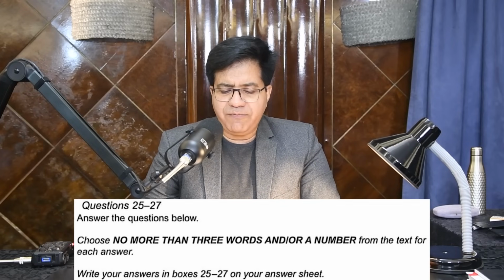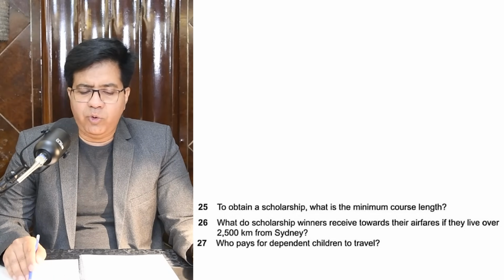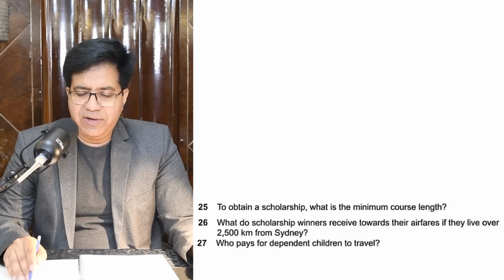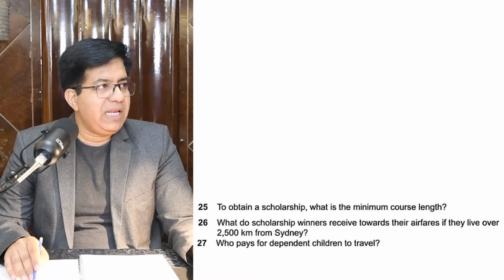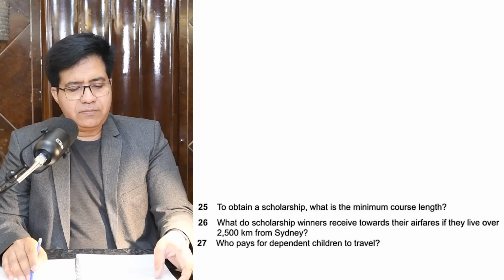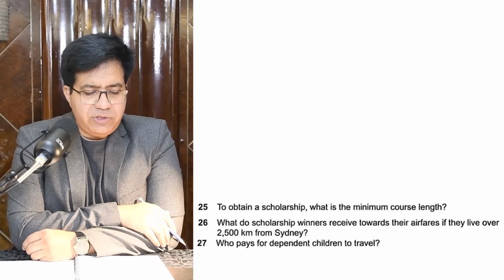Question number 25. To obtain a scholarship, what is the minimum course length? Answer is going to be in number and word. For minimum, they use the word not less than or anything like that. First paragraph, second line after full stop.